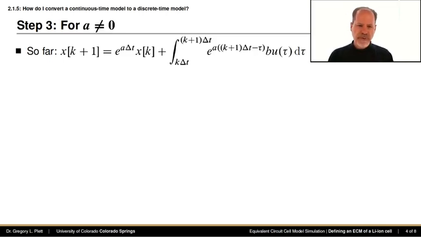And we desire to simplify this integral, and in order to do this, we are going to start by assuming that the value of a is non-zero. It's a special case when a is 0, and we'll also look at that. And when we consider a being non-zero, we can break up this integral in a convenient way.